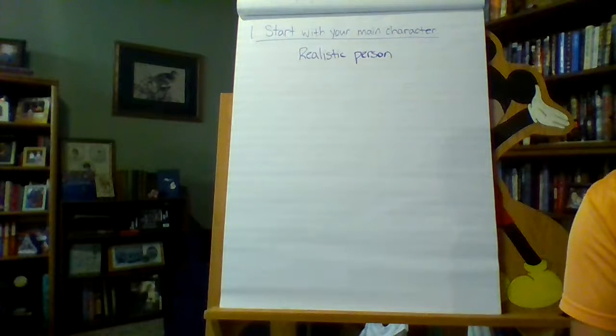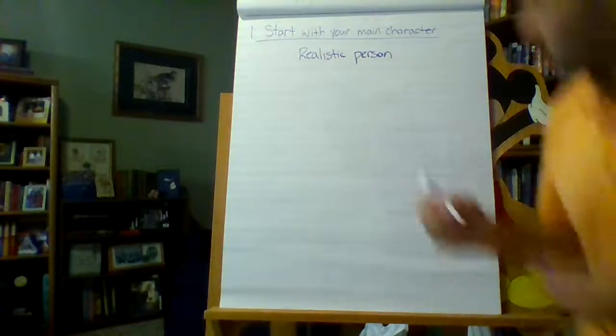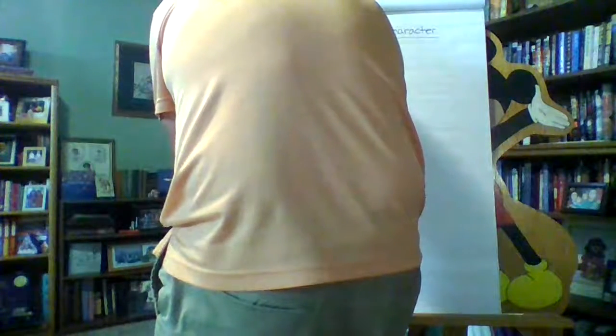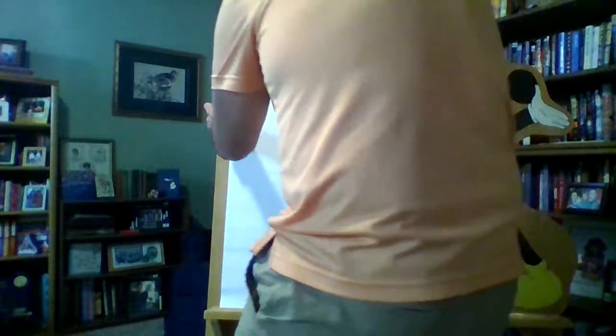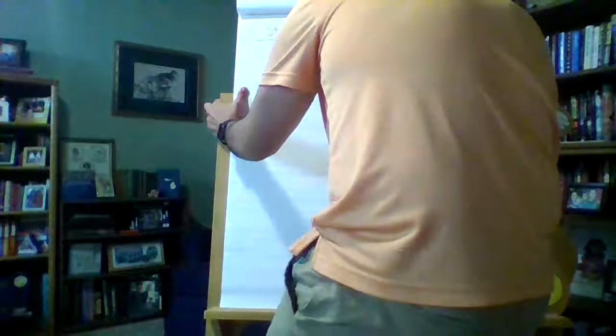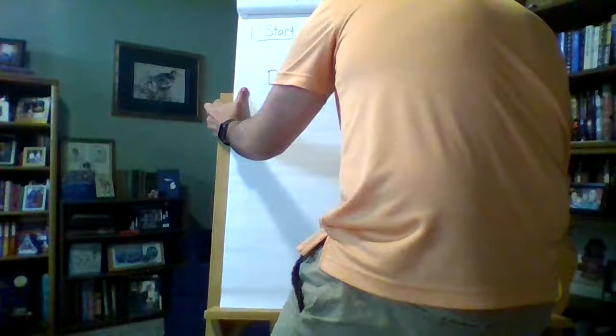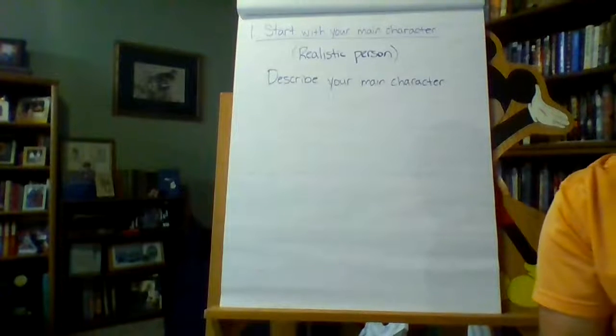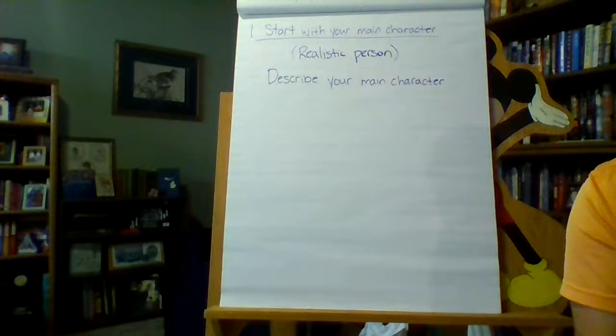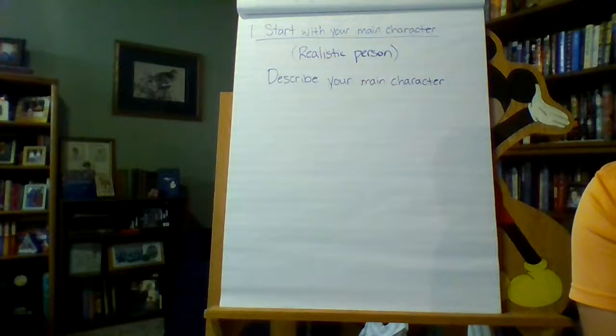So one thing it says is first you want to kind of describe your character. Describe your main character. Okay, so examples from here, it says describe your body size and shape, the hair and eye color, any physical characteristics that are unique.